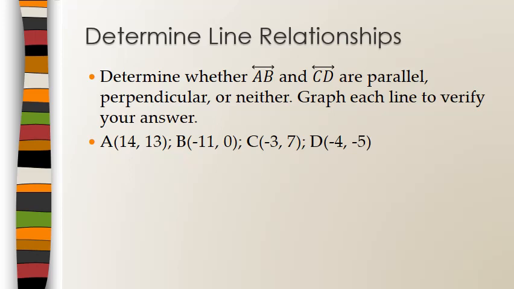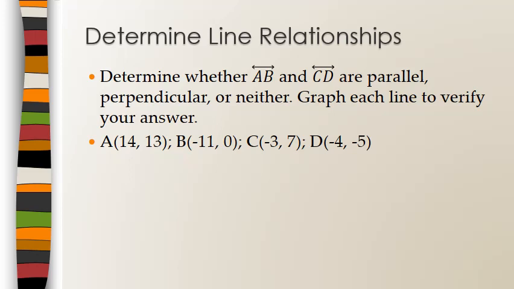Or another way to say that: if I multiply the slopes of the two lines together, my product is going to be -1. If they're neither the same slope, nor negative reciprocals of each other, then they're neither, and those lines are going to intersect somewhere down the line.